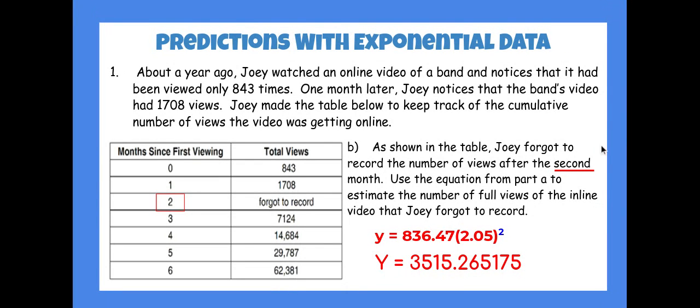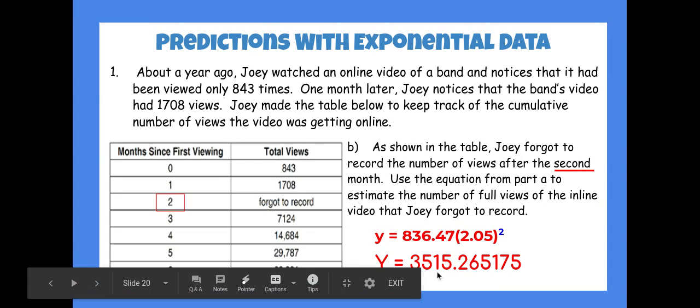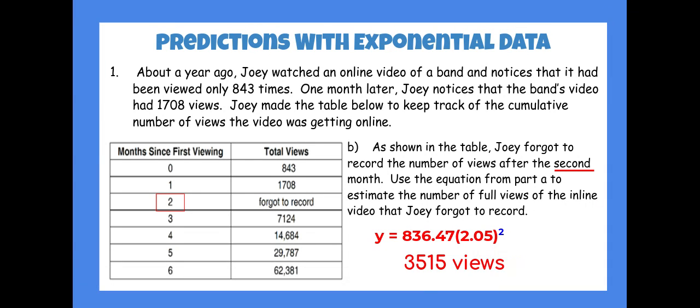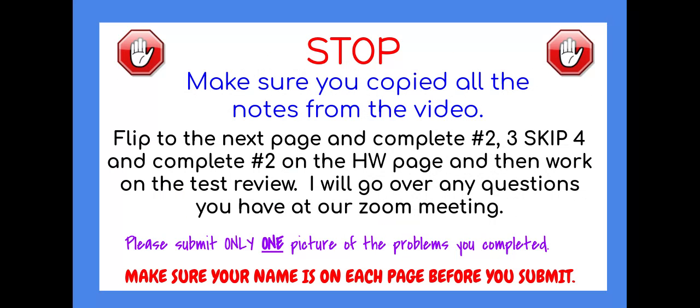Now they want you to do it to full views, so that would be 3515, or 3516 if you want to round it up. But in this particular case, it doesn't really matter because it's just views. So we're using these to predict, and that's what you're going to do for the next couple of examples.